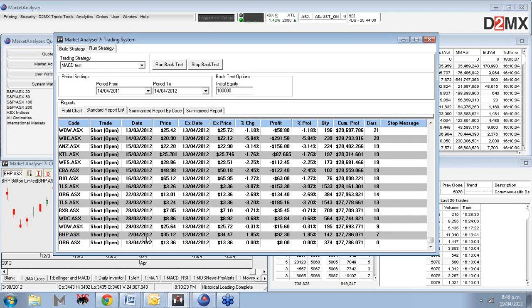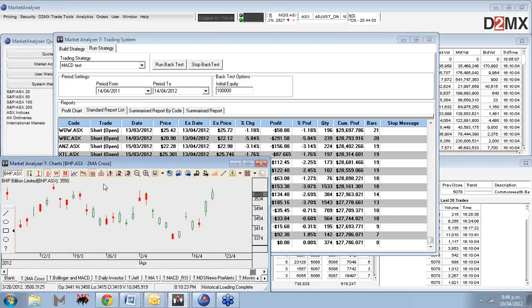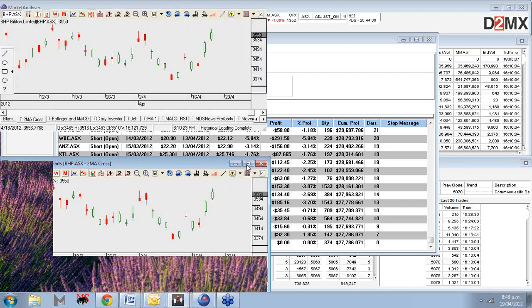So if we got BHP short on the 2nd of April and closed the position on the 13th of April, and it made a small profit on the trade. So we'll have a look at BHP 2nd of April to the 13th. So BHP up here, short on the 2nd of April, which is, just make that a little larger.